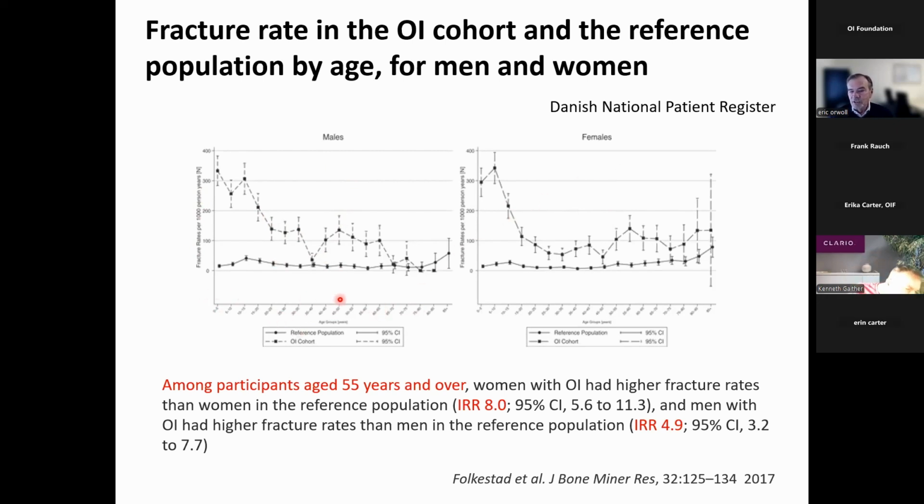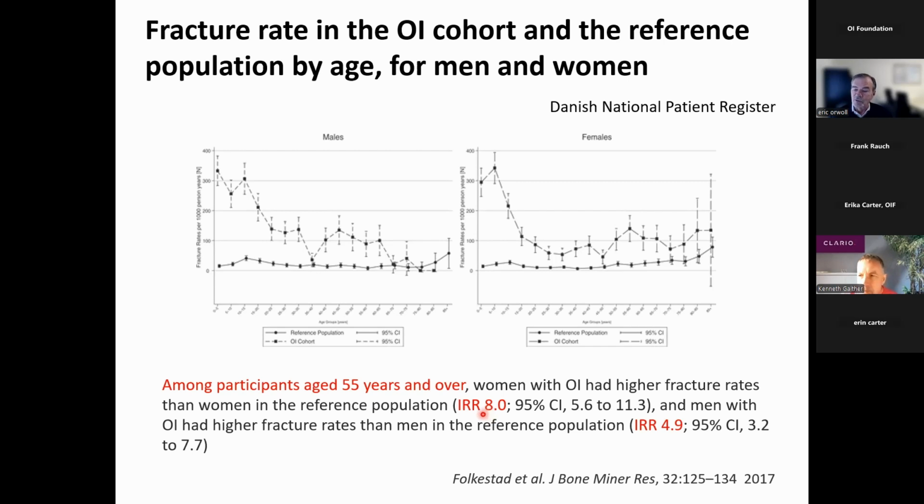You can't see the ages here, but in this part of the graph is kids. And obviously, fracture rates are very high in kids with OI. But in both males and females, the fracture rates in people with OI continue to be much higher than in the general population. And down here, I highlight that in people with OI over the age of 55, the relative risk in women is 8 times that in the general population.